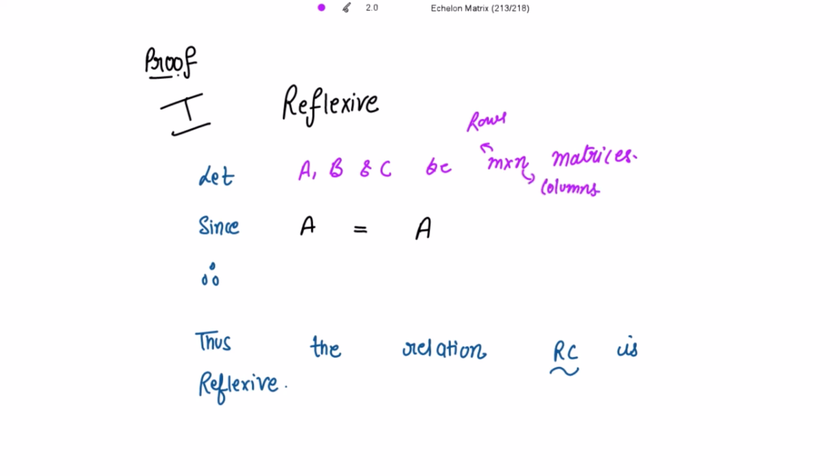Now, I can write the matrix A to be equal to, if I pre-multiply this matrix A with the identity matrix of order m and post-multiply this matrix with the identity matrix of order n, then I can get back this A. So from this we can say that A is row column equivalent to A. So thus the relation is reflexive, right?